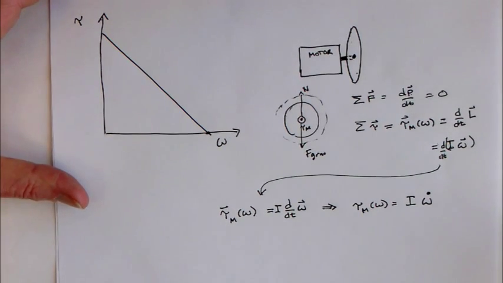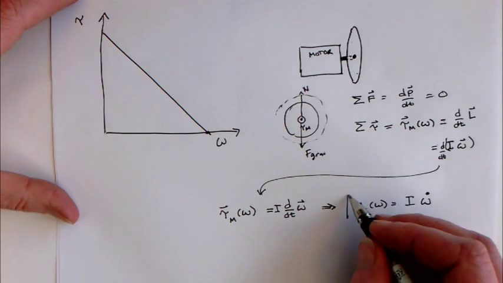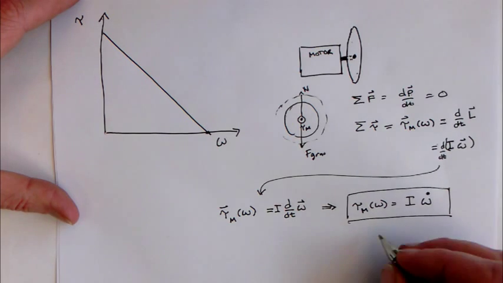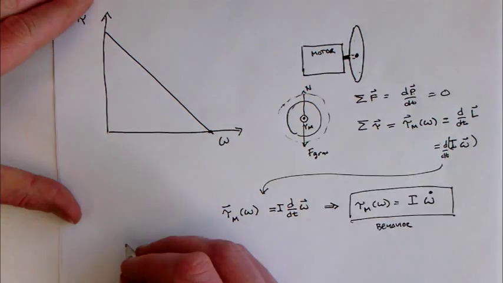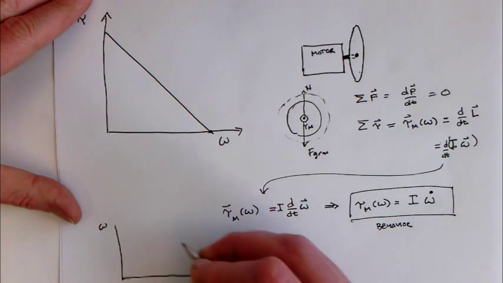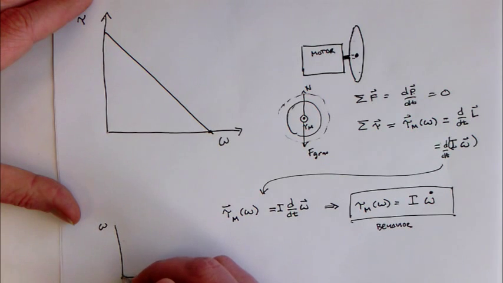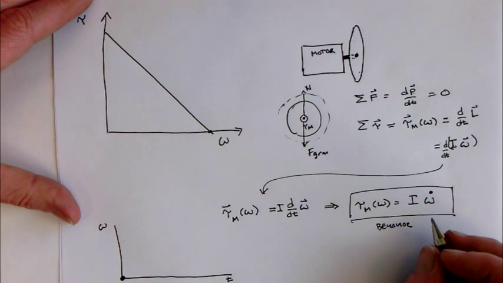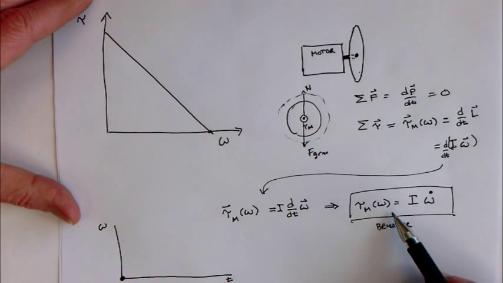Okay? So let's think about what's going to happen when I first turn this system on. What does this differential equation tell me the behavior is going to be? If I plot omega versus time, when I haven't turned the motor on yet, omega is 0. So I start out with omega being 0. And then I turn the system on.